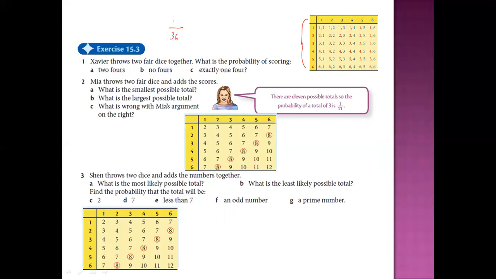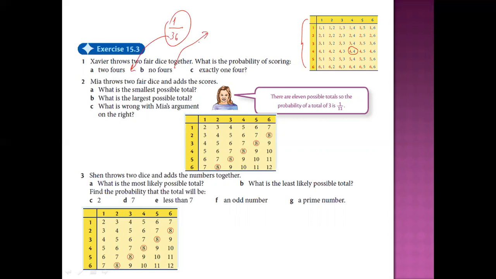Now we need the numerator or top number. What is the probability of scoring 2 4s? Where is 2 4s? We have only one here, 4 and 4. That's why we have only one case. So the probability is 1 over 36, the first question.